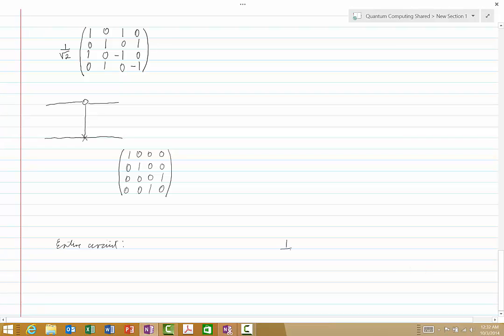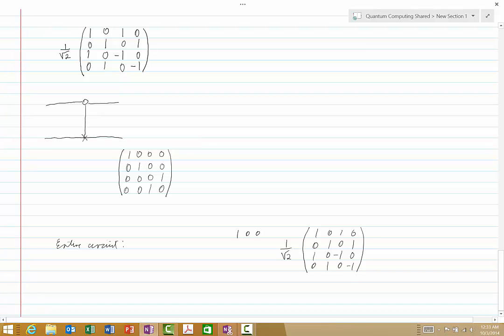So I'll have 1 over square root of 2, 1, 0, 1, 0, 0, 1, 0, 1, 1, 0, negative 1, 0, 0, 1, 0, negative 1. That will operate first. Then after that, we'll have the controlled NOT gate, which is represented by this matrix.